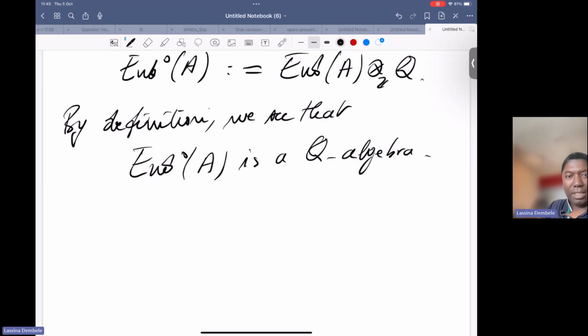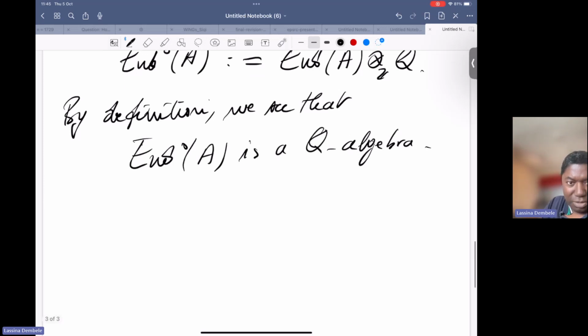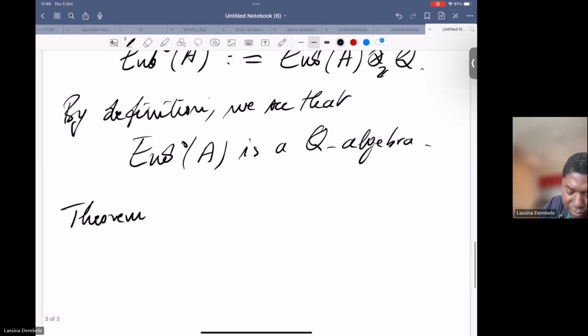Okay, and the first result that we're going to need in that direction is a theorem called Poincaré reducibility.